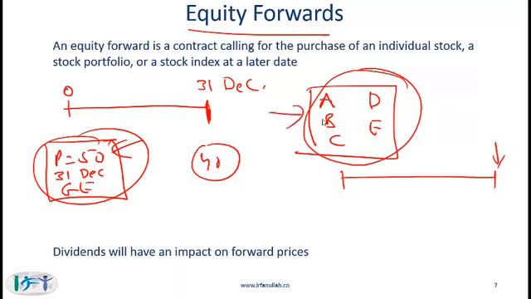Given that this portfolio is known to both parties, so we know each share, the number of shares and the value, the 2 parties, you and the dealer, can come up with the forward price. That will be the price at which you can sell this portfolio.